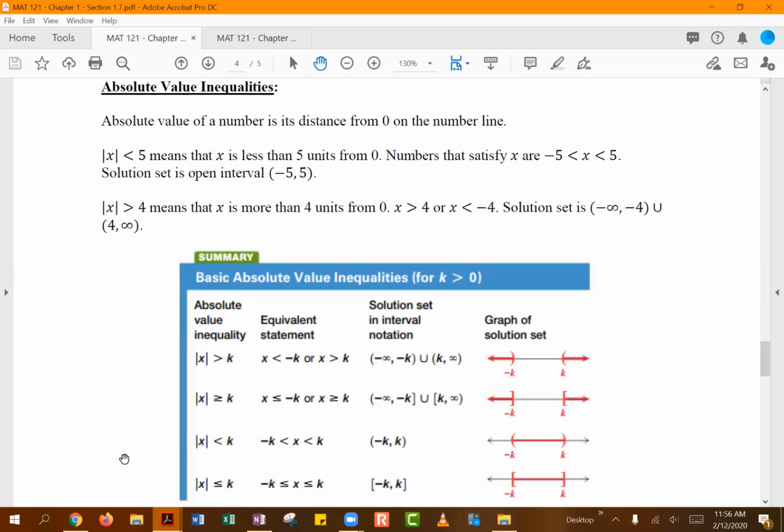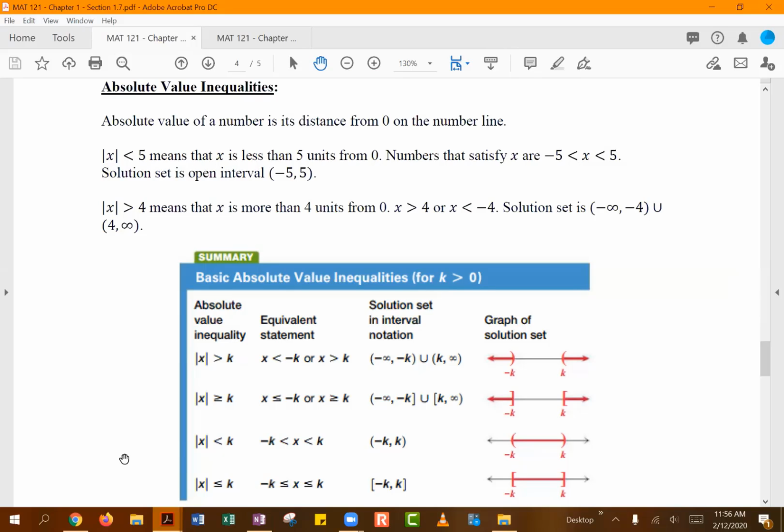So again, absolute value is the distance from 0 on a number line. Since you can go in either direction to get that same distance, we still have to use that same idea when we're looking at absolute value inequalities. So when you have absolute value of x less than 5, we're basically saying whatever number x is going to be, its distance is going to be less than 5, right?